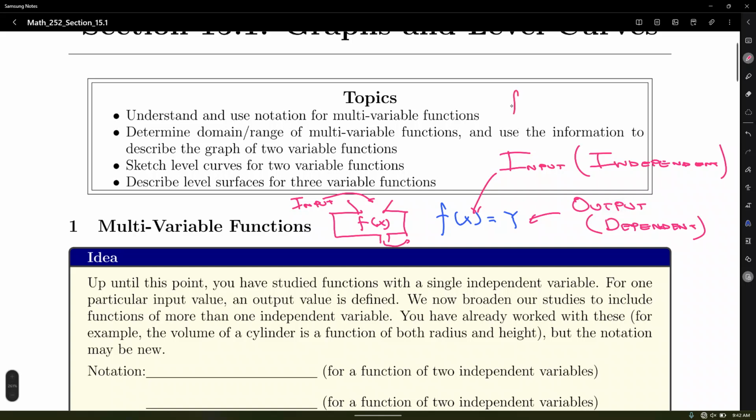For instance, for f of x equals 1 over x plus 1, is that function defined for all real values of x? No. For which values of x is that function restricted? -1. So if this function is described by this machine and you input -1, what's going to happen? It's going to blow up, right?